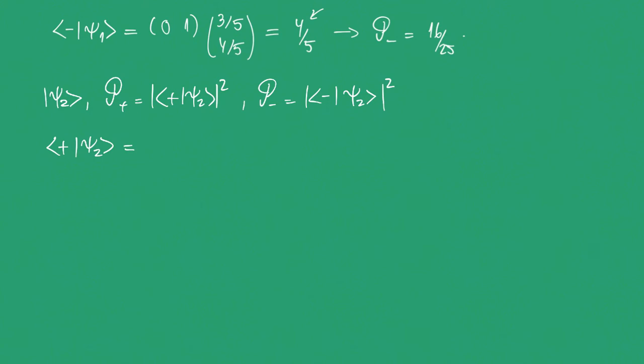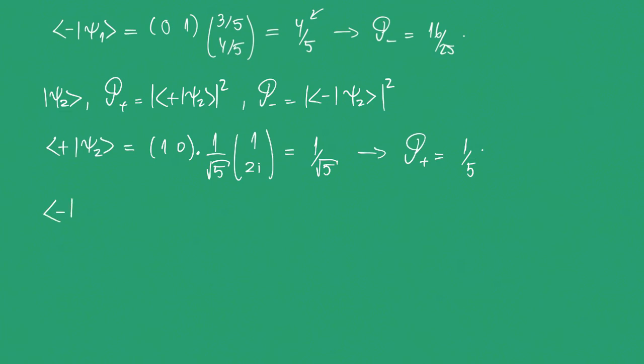Bra plus, 1, 0, multiplies 1 over square root of 5, 1, 2i. If we multiply that, we end up with 1 over square root of 5, which means that the probability of finding spin up is this value squared, 1 over 5.